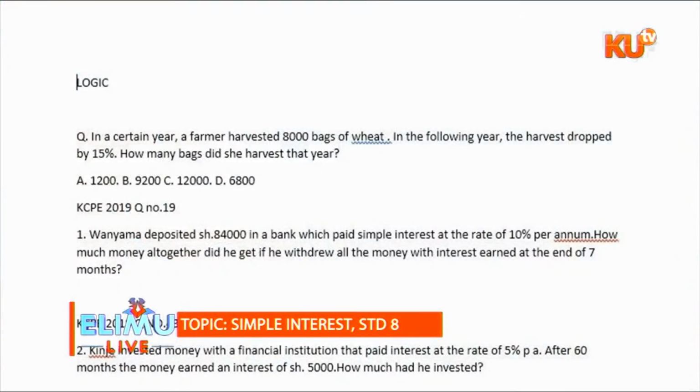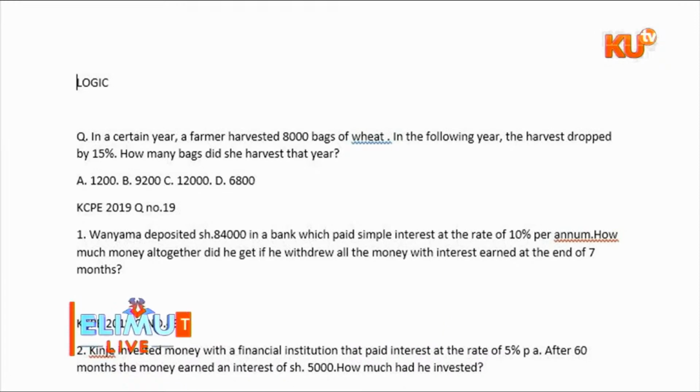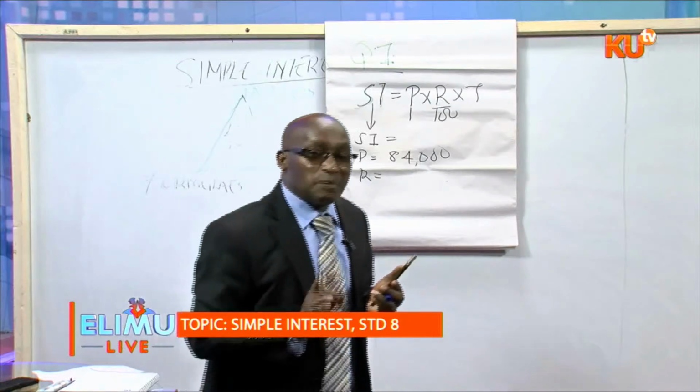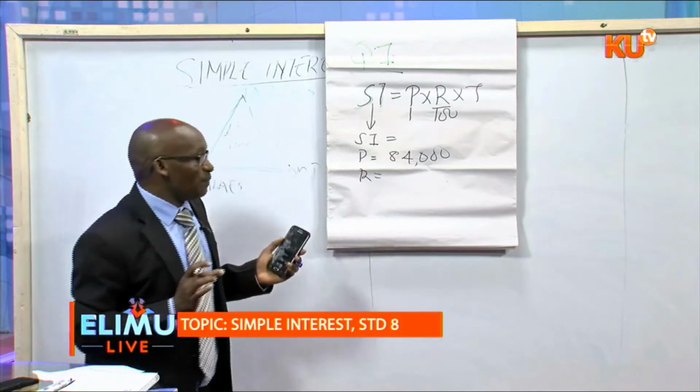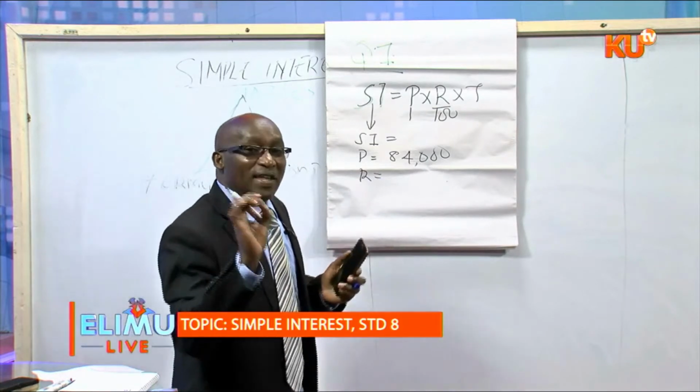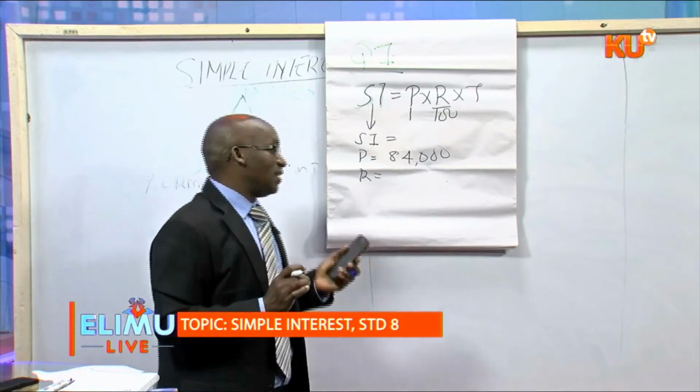Is the rate given? We are still on the first part of the question, that is question interpretation. Depending on how well you interpret this particular question, then you'll have a very easy time as far as working out this particular question is concerned.